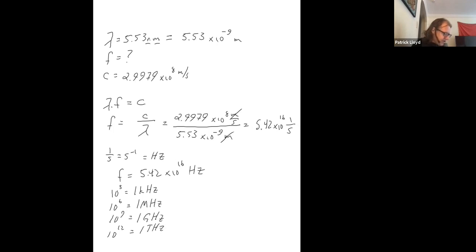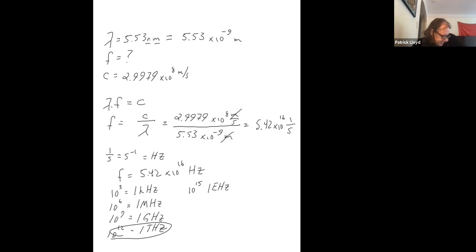The next one, I think, is exa, 10 to the 15th. That's less common; terahertz is usually where people will end up, but there's exahertz as well. So 10 to the 15 is 1 exahertz.